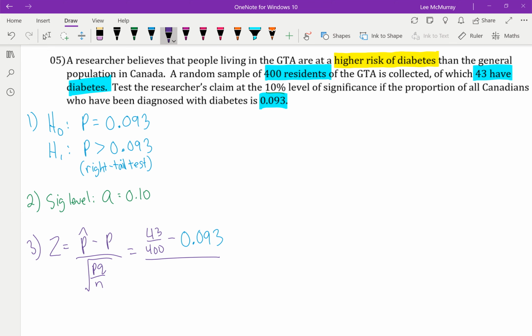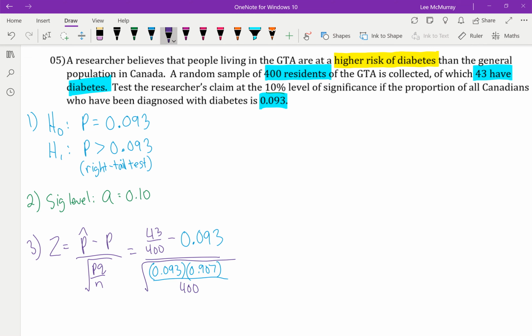Our p and q also come from that 0.093, so I'll keep it in blue here just so we see they're all related. So p is 0.093, and q is the complement, 1 minus 0.093, which is 0.907, and we're going to divide all that by 400, which is the sample size. That's all going to be square rooted.